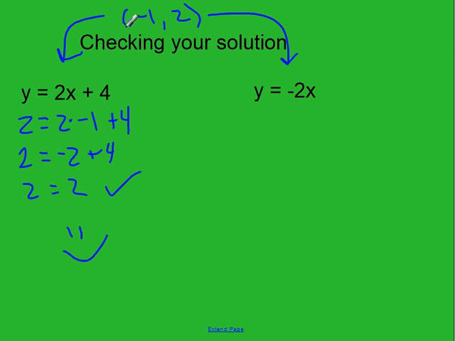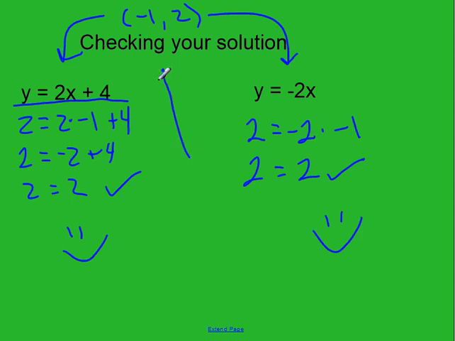So we know that this ordered pair is a solution to my first equation, but I also have to check my second equation. Once again, my y is 2, so I'll plug that in. And then I have -2 times x, which is -1. All right, so let's go ahead and simplify that. -2 times -1 is +2. That checks out. And I'm very happy because now I know that this is the solution to my system of linear equations. All right?